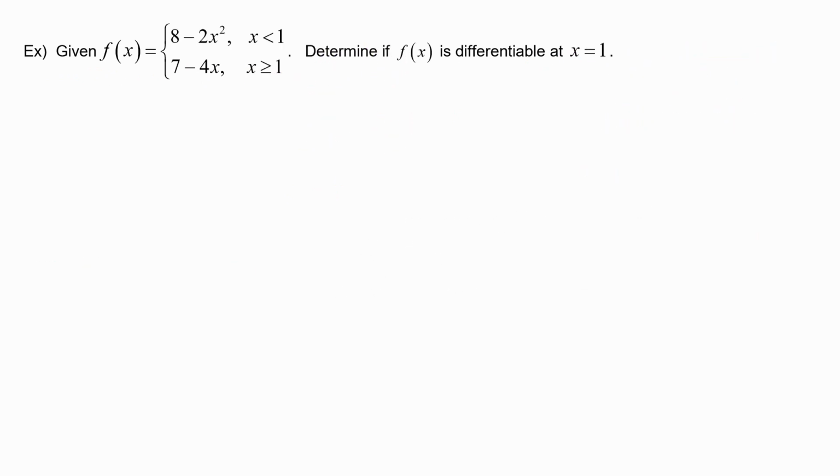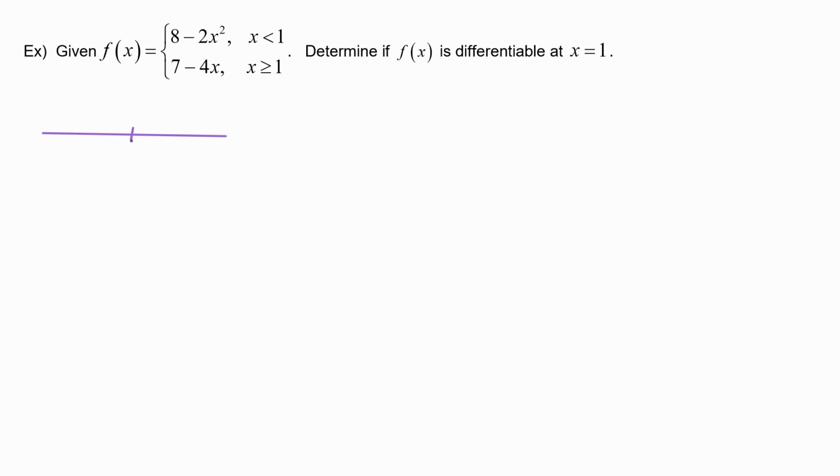In this example, given f of x equals the piecewise function 8 minus 2x squared when x is less than 1, and 7 minus 4x when x is greater than or equal to 1, determine if f of x is differentiable at x equals 1. Let's get the number line.